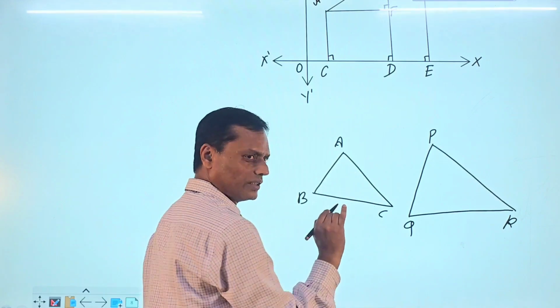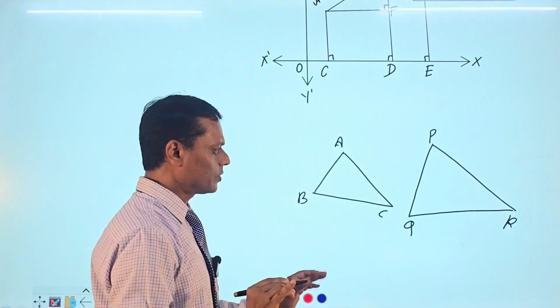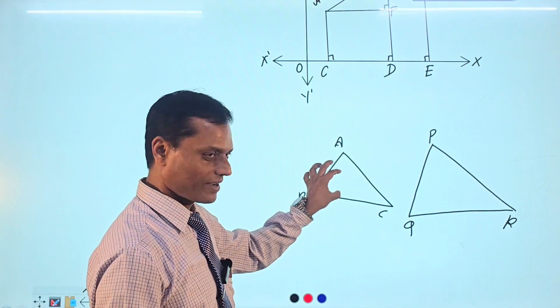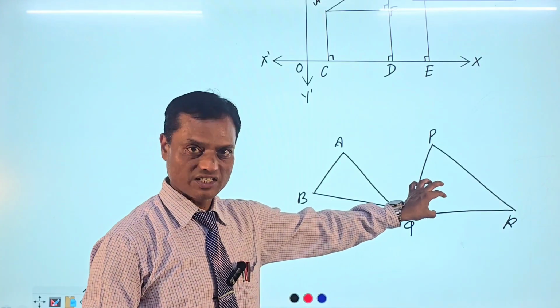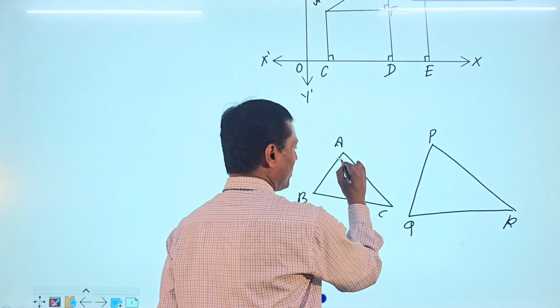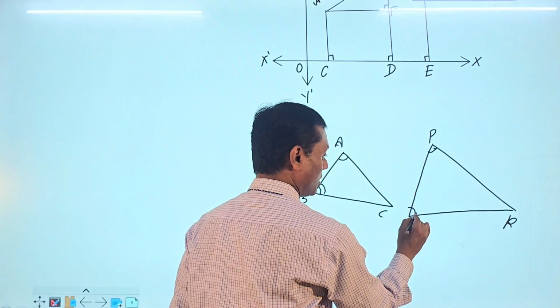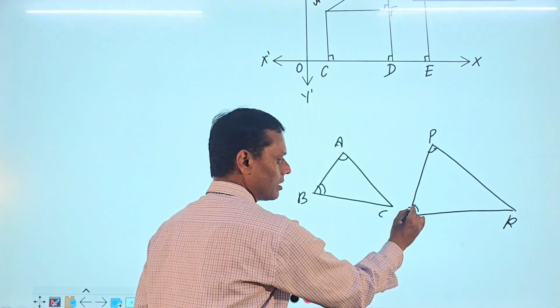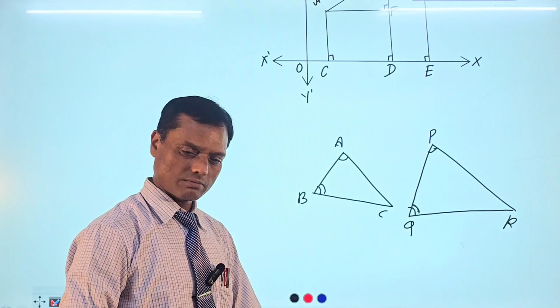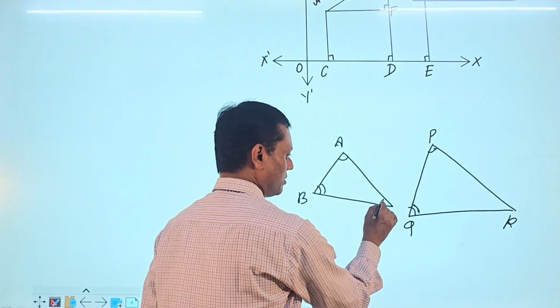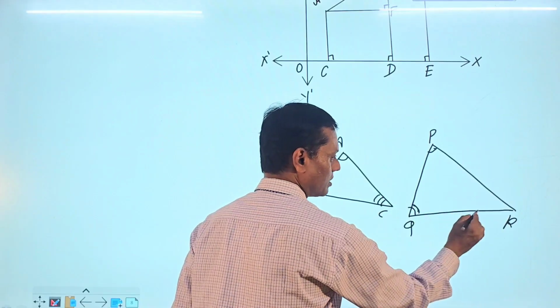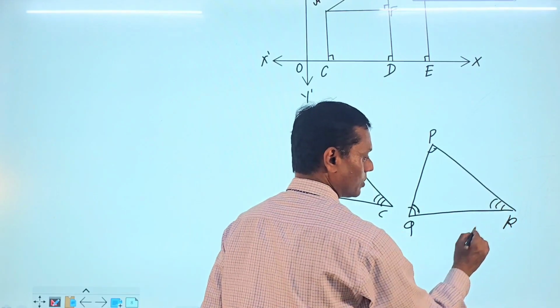Okay, similarity means all the angles of this triangle are equal to all the angles of this triangle, right? Right now here angle A is angle P, angle B is angle Q, and if the two angles are equal, third angle becomes automatically equal.